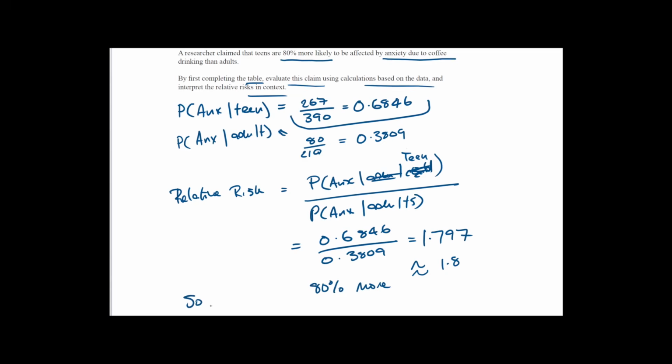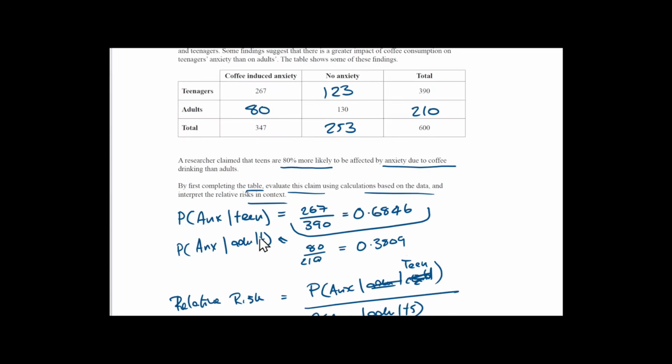So the claim is valid given the data that we have. So we're going to presume that this data is good data. I would want to say, okay, we can't really make that big leap.